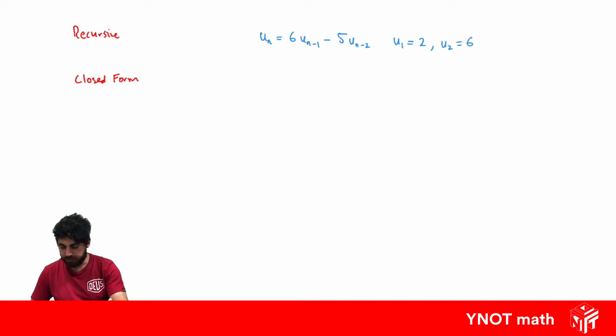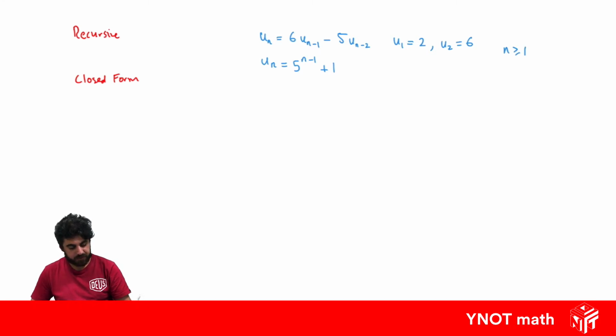We want to prove that u_n equals 5^(n-1) plus 1 for all values where n is greater than or equal to 1.